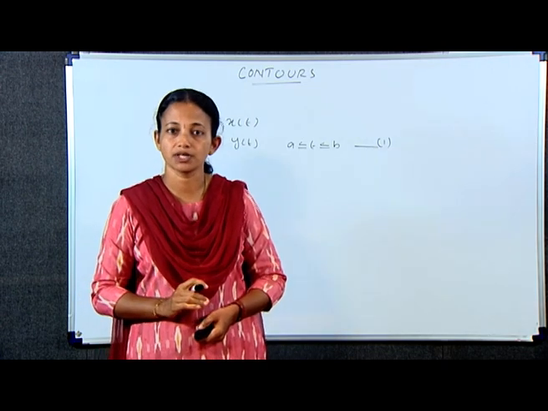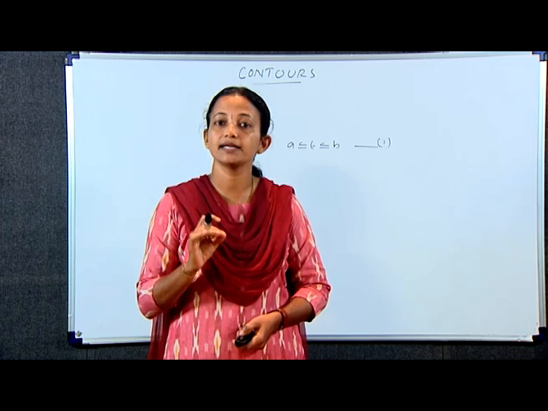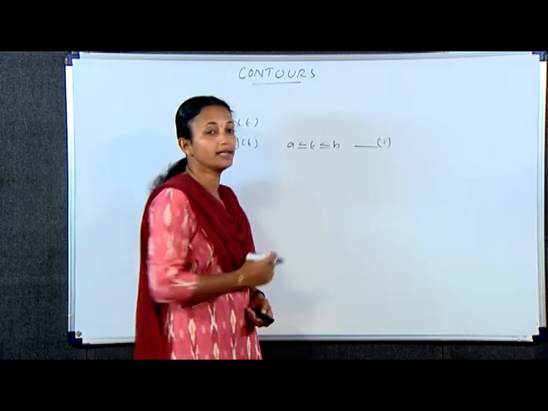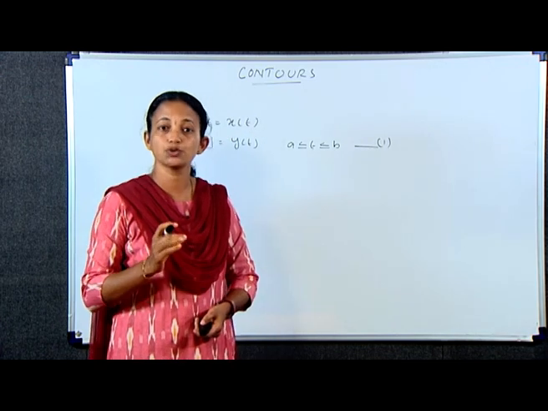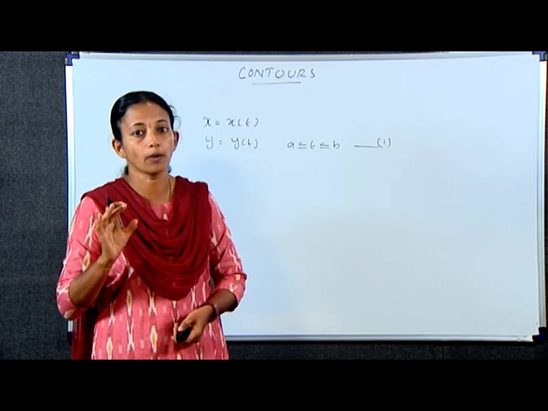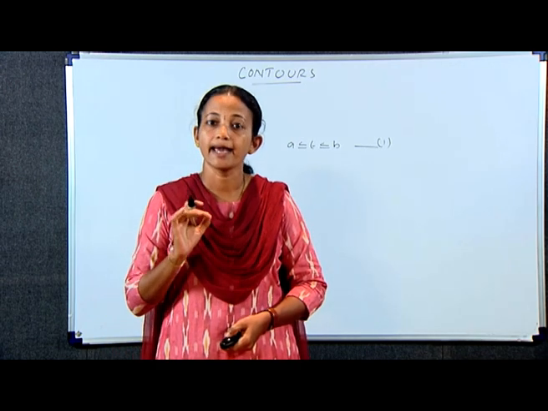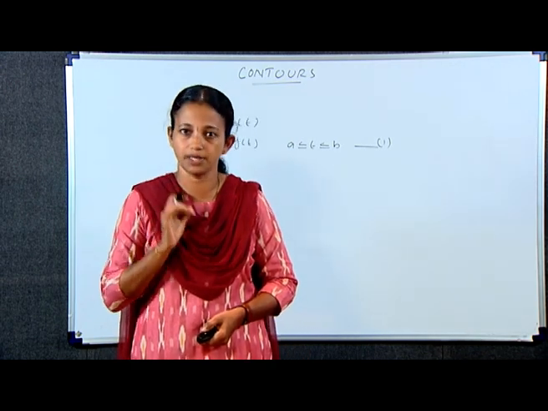The above definition establishes a continuous mapping of the interval a ≤ t ≤ b into the xy or the complex plane, and the image points are ordered according to the increasing value of t.